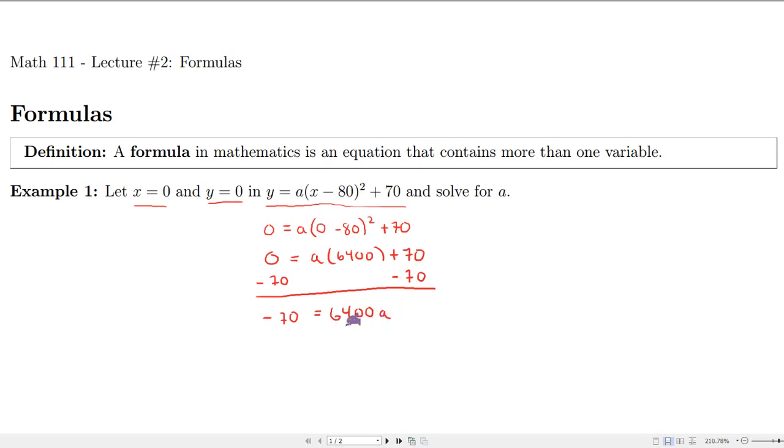And at this point, we'll have to divide both sides by 6,400 to get a by itself. So this will reduce, and this will be our answer. So a is negative 70 over 6,400, and you could reduce this common factor of 10 if you want to get negative 7 over 640.